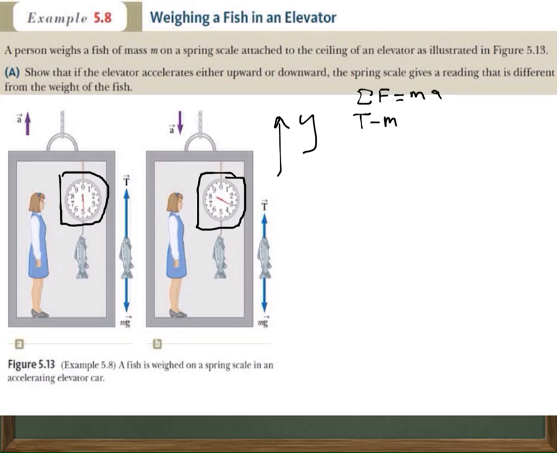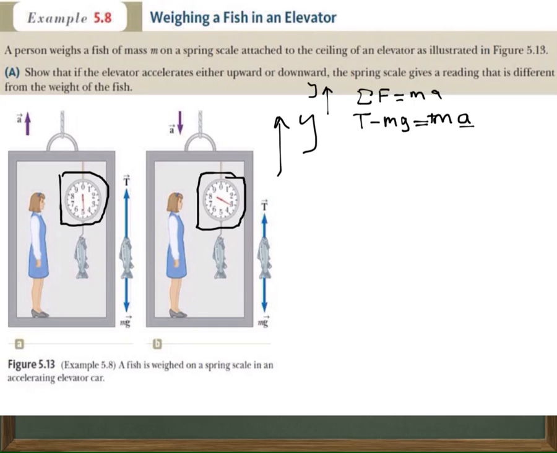We are applying Newton's second law here. So the total force is T minus mg, and this will be equal to m times a if the acceleration is up. I already set the positive direction as upward, and in the first case the acceleration is up, so I take acceleration as positive.